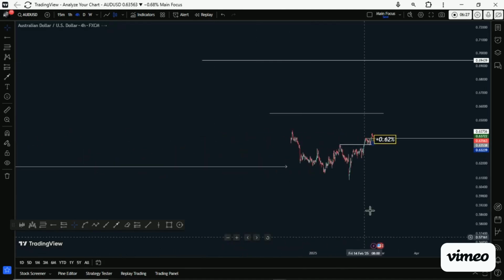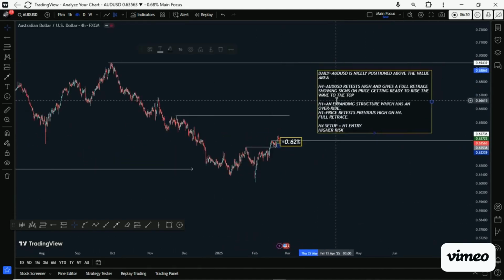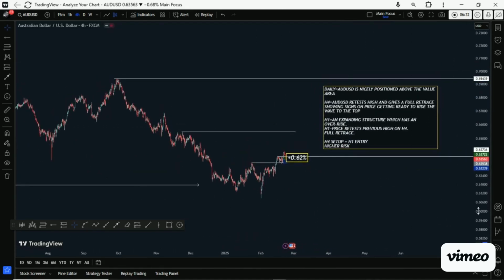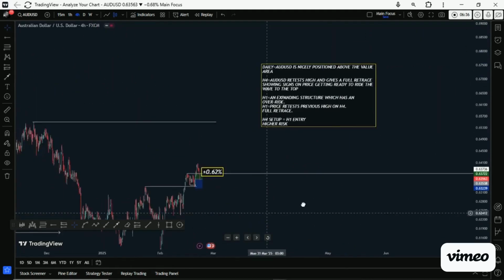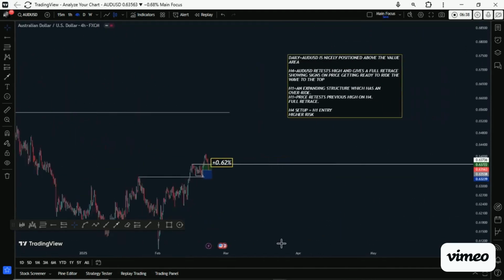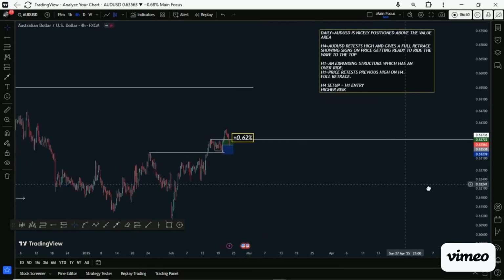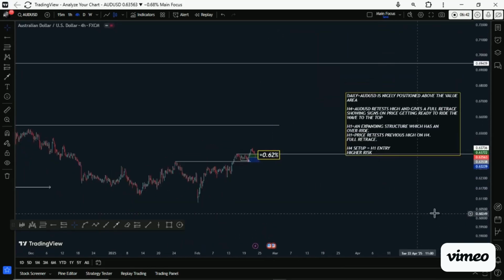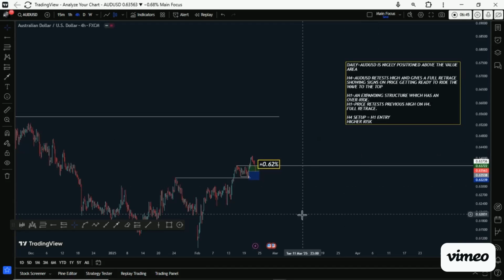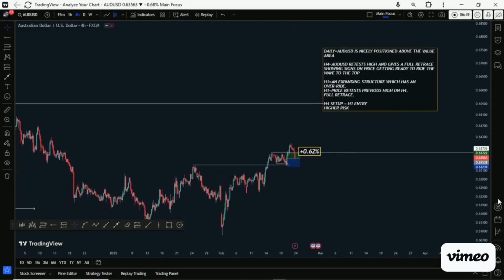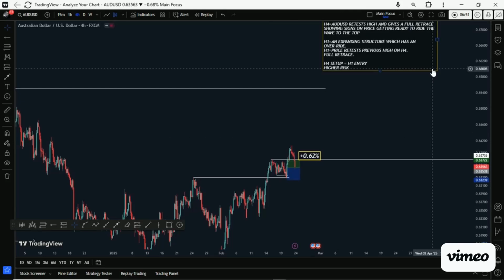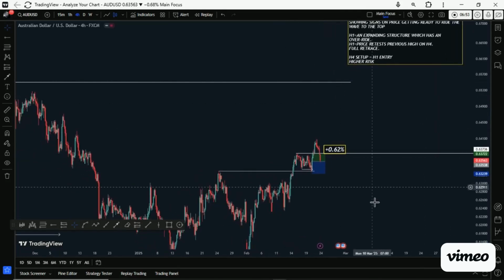As we move on to H4, this is what we have. Price retests the previous high and gives a full retrace candle, showing signs of getting ready to ride the wave towards the top.